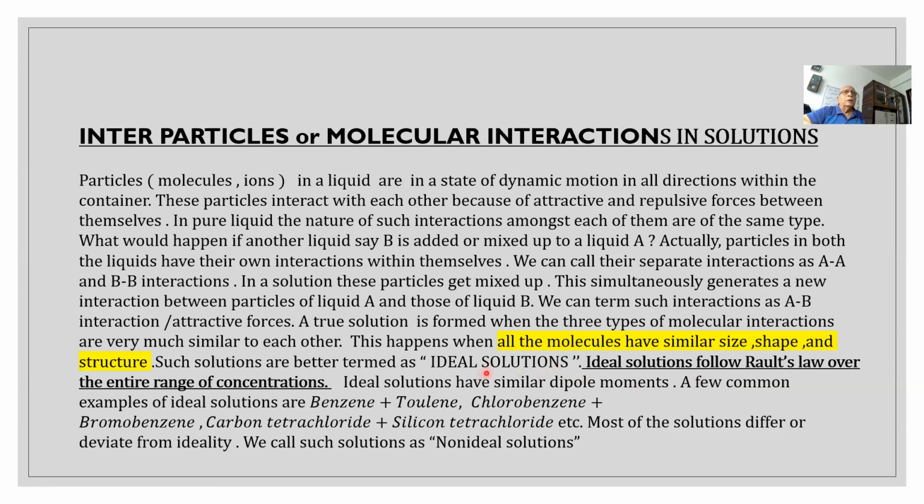Use the term ideal, not the true, not the good solution, not fair solution, no, ideal solution. But those solutions which do not follow Raoult's law under all ranges of concentrations are known as non-ideal. And even though the solution is there, there are deviations from Raoult's law. Deviation means a little difference. If there is much deviation, there won't be a solution found.